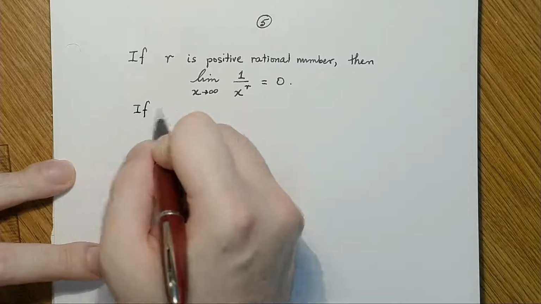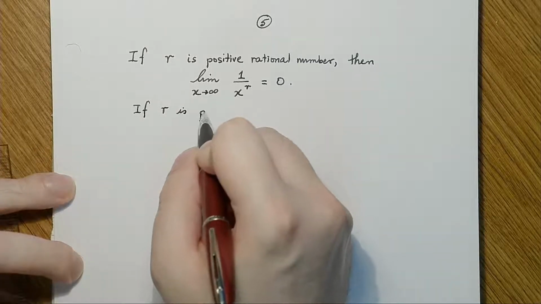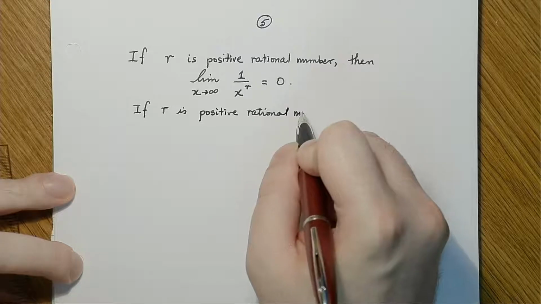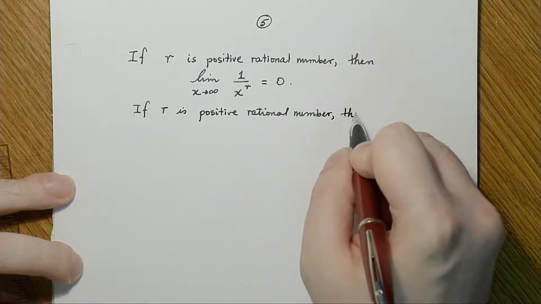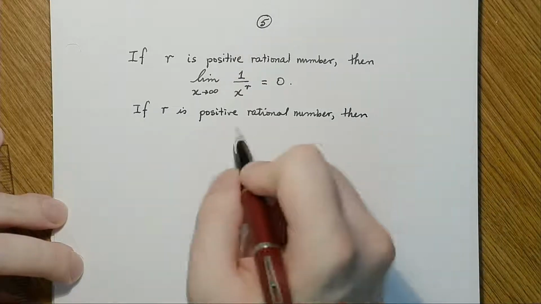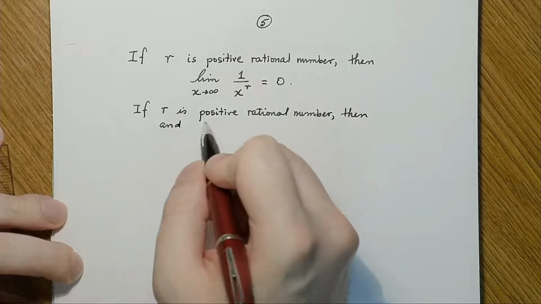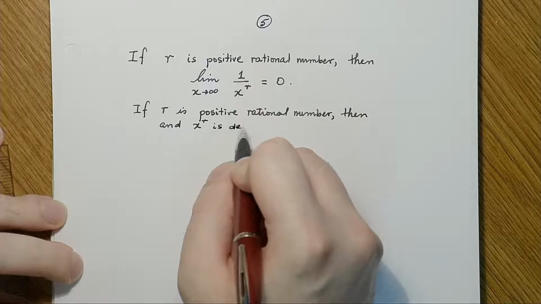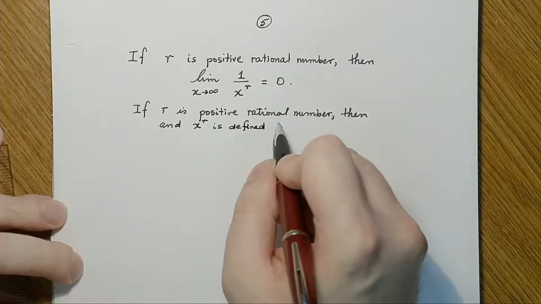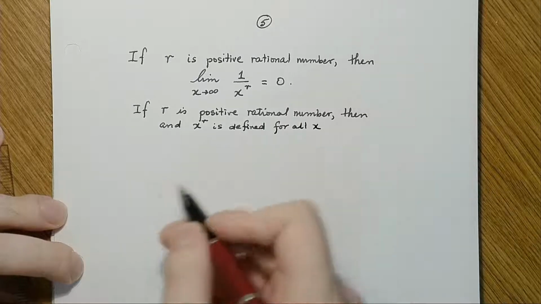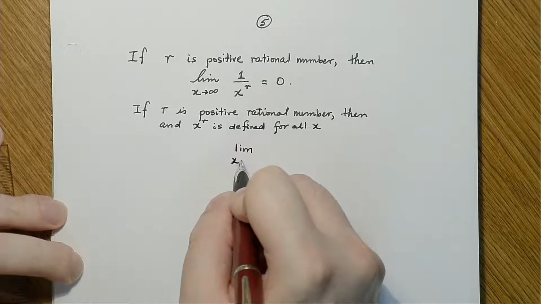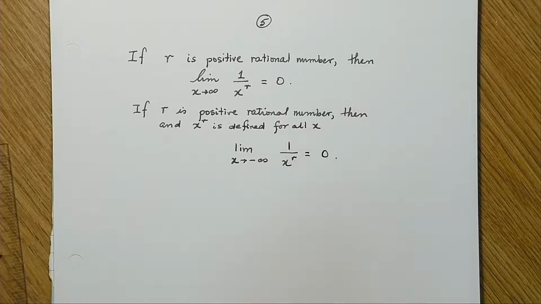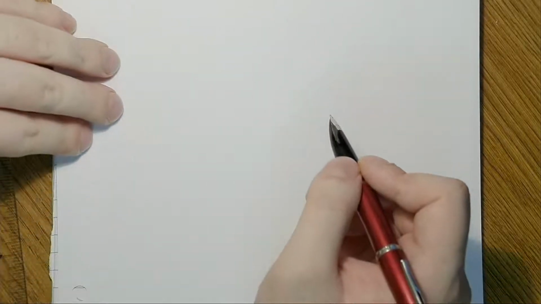And similarly, if r is a positive rational number, and I have one more condition, and that function x to the r is defined for all x, then the limit as x goes to minus infinity of the reciprocal is equal to 0. Okay.